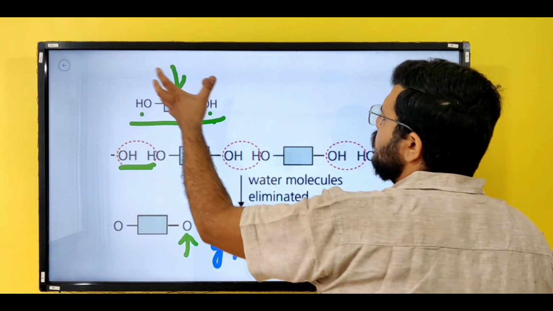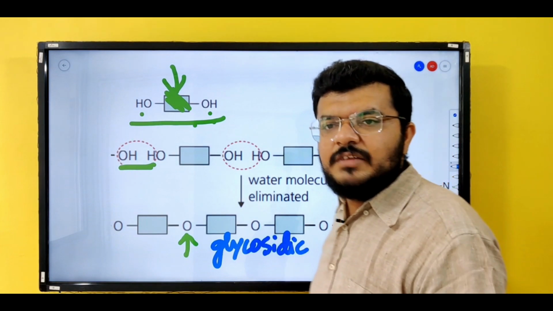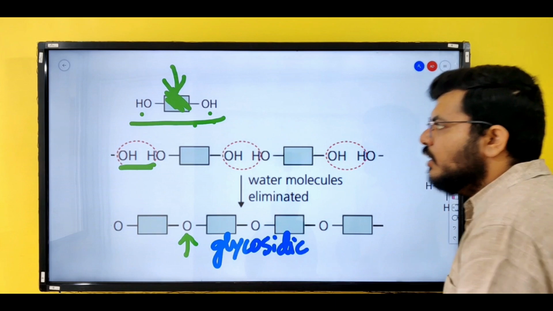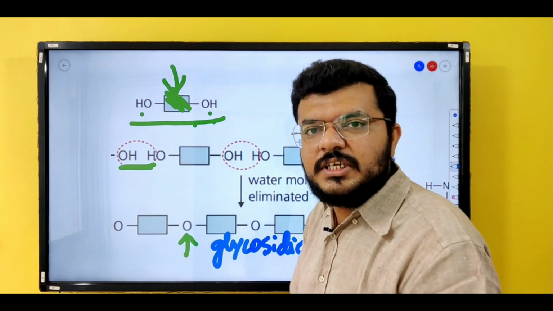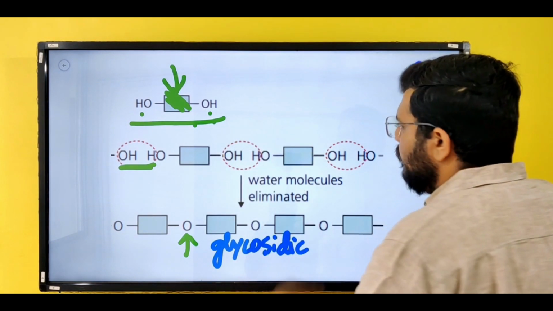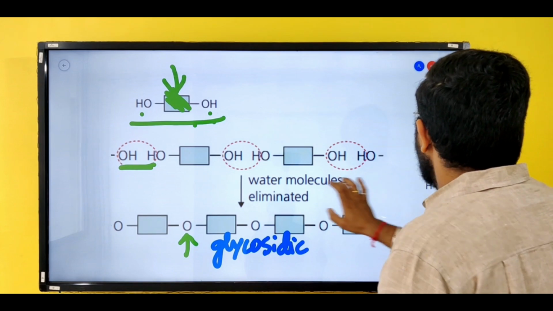So what happens? A glucose molecule repeatedly forms a polymer with itself. It may form carbohydrate, it may form cellulose, depending on how the polymerization is taking place. We just need to know that glucose is a monomer, carbohydrates are a polymer, right?